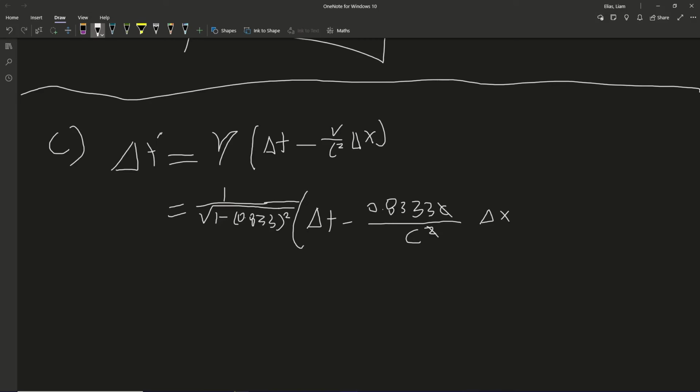So the c and the squared cancel each other out, and it just makes for a much cleaner formula.